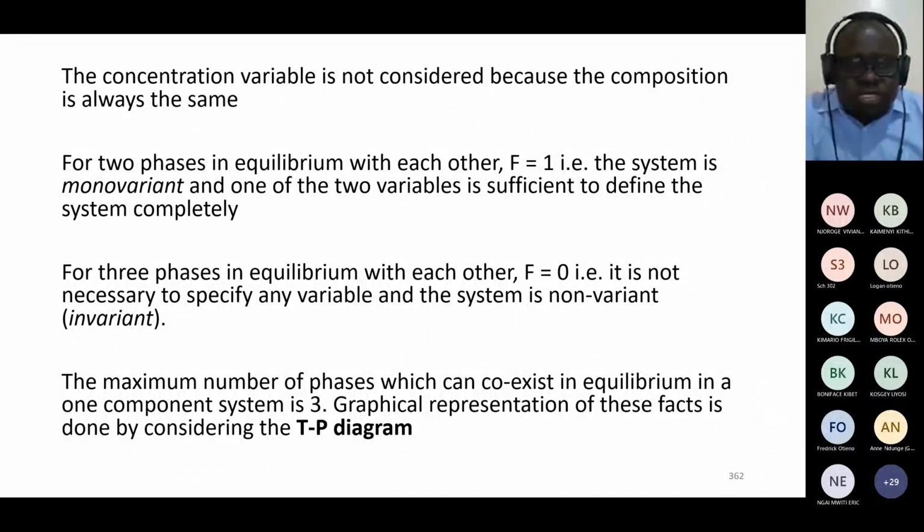Now, for 2 phases in equilibrium with each other, the degree of freedom equals 1. So degree of freedom F equals C minus P plus 2.